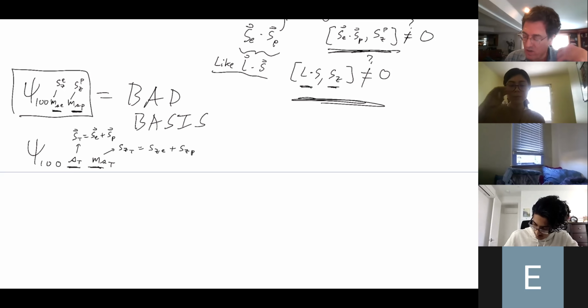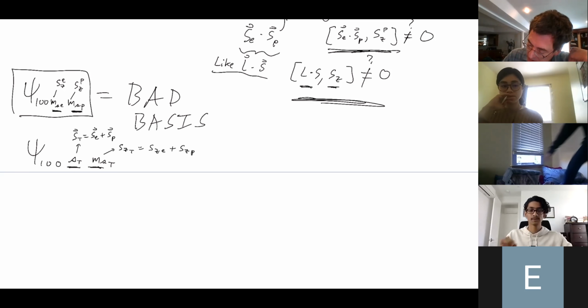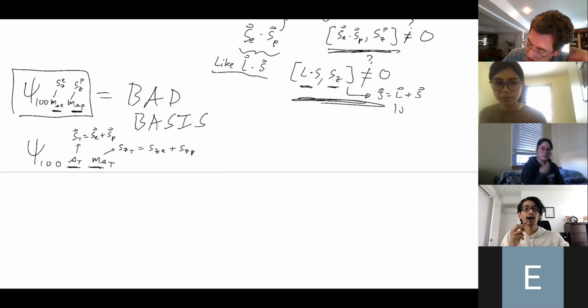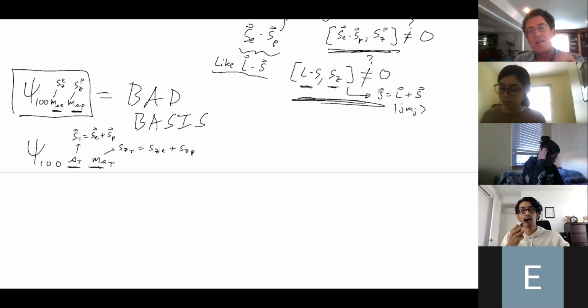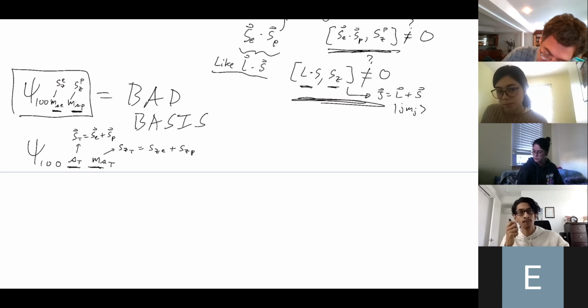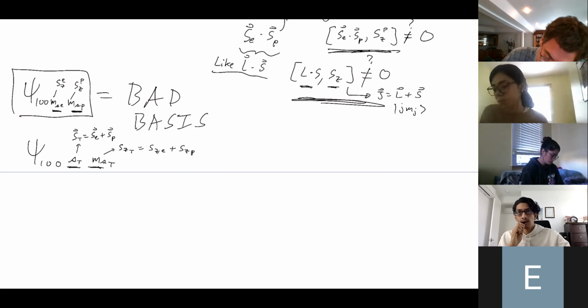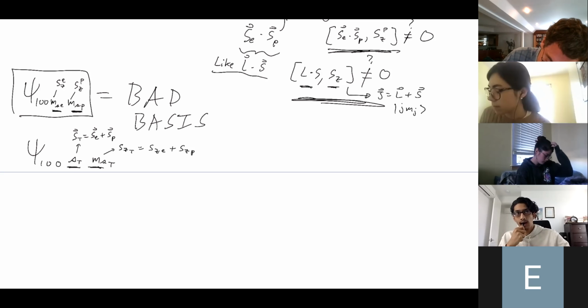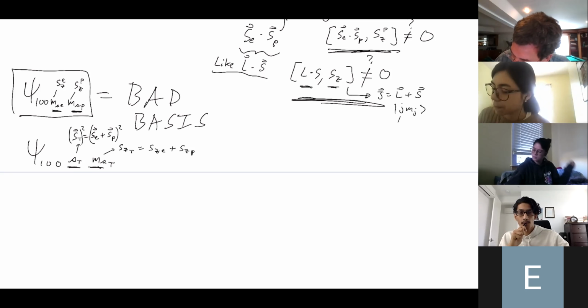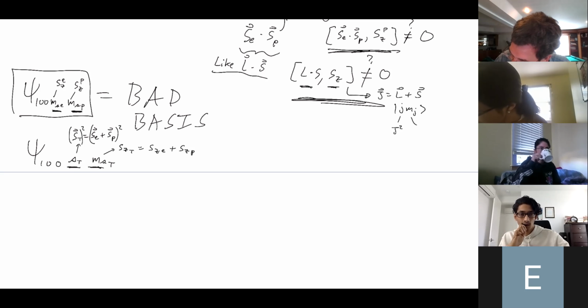Remember, for spin orbit, we went to the J basis, which was J equals L plus S, and then we had the J states J, M_J. This is actually the eigenstate of not S_T but S_T squared, because J is the operator of J squared, and M sub J is the eigenvalue of J_Z.